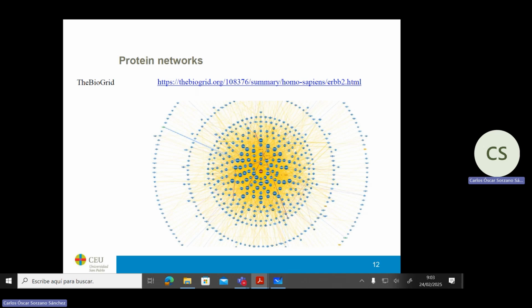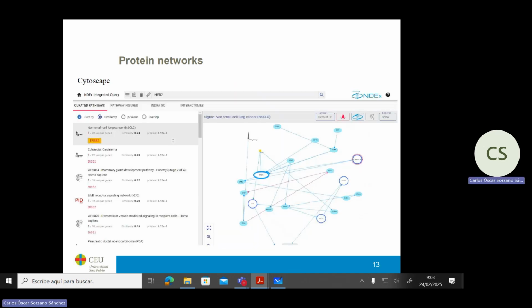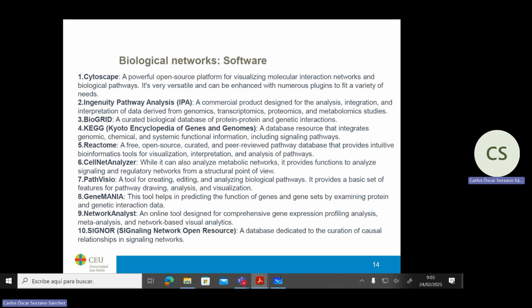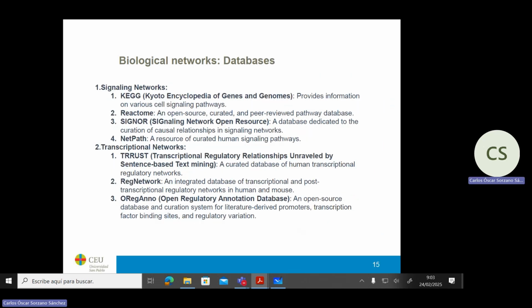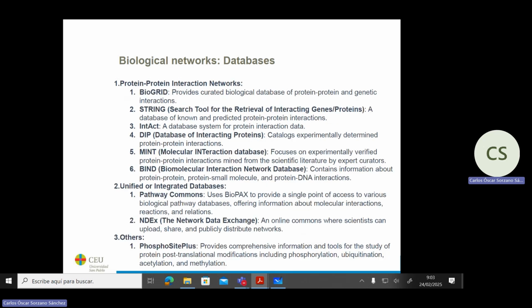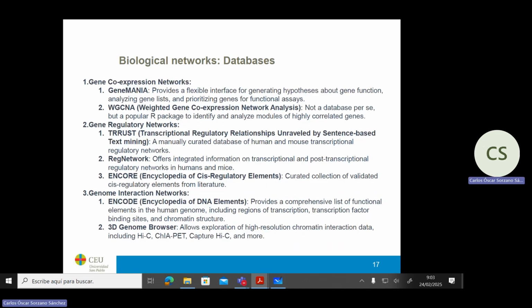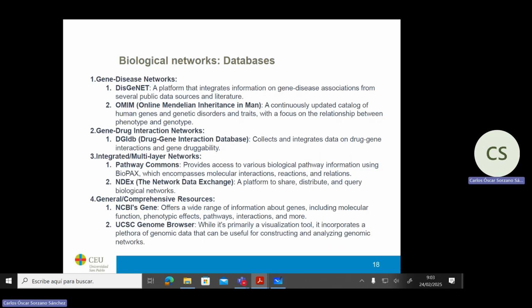So if you know that a protein is involved in the disease, probably the proteins in the neighborhood can also be targeted. Okay, and another web with networks of proteins, and so databases that record this kind of information. More databases, you can explore each one of them. There is really a lot of information about this kind of stuff.